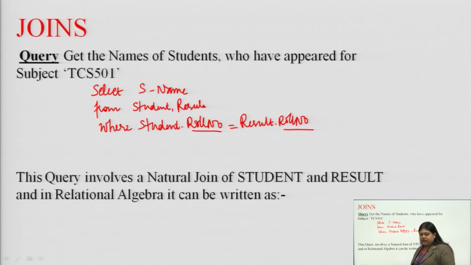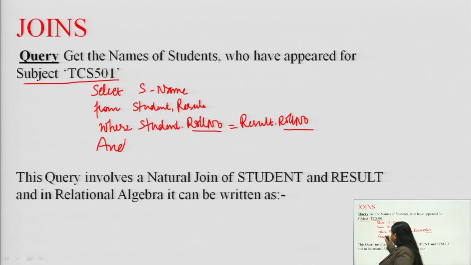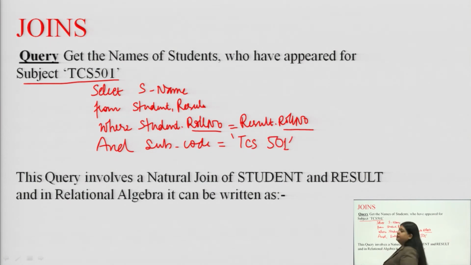What was the second condition? It says whoever has appeared for this particular subject TCS 501. So, after this we will write and subject code is equal to TCS 501, right.